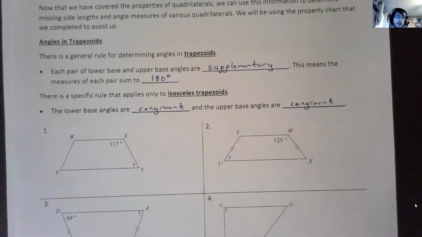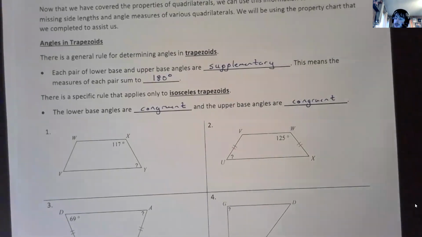So if they're connected by the same base, then they have to be congruent if it's an isosceles trapezoid. Let's look at some examples here, and there are 8 examples.